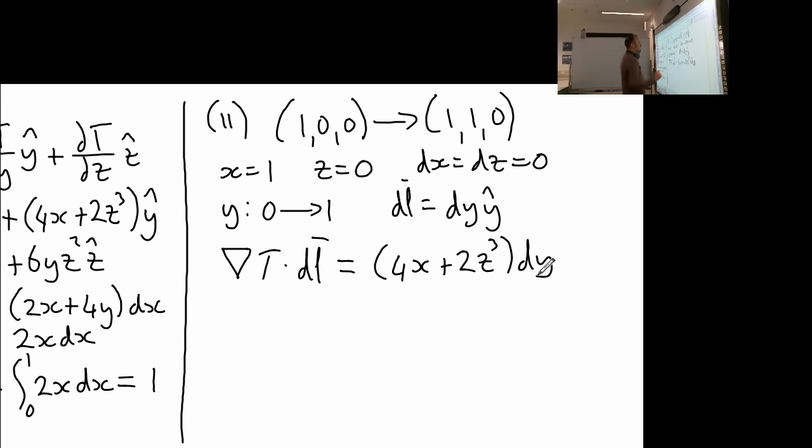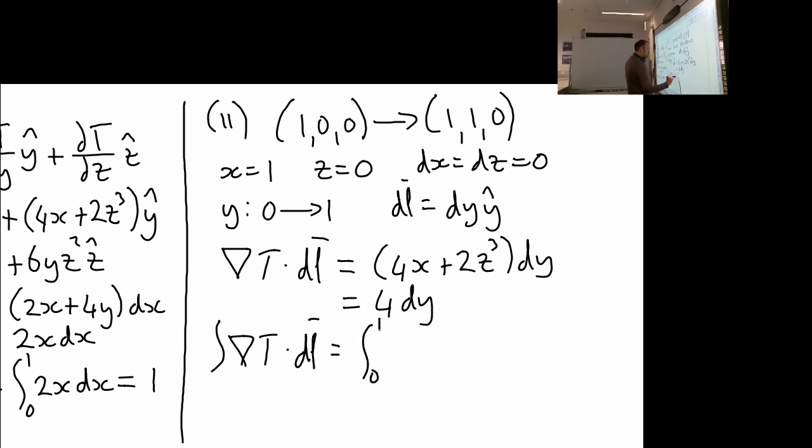Since x is equal to 1 and z is equal to 0, we have 4 dy. So now taking our integral between 0 and 1 for 4 dy, what we get is 4y, so we get 4. So that's for our second side.